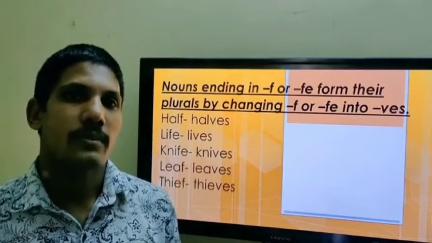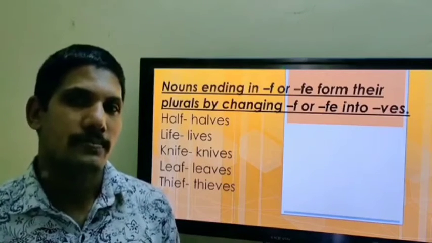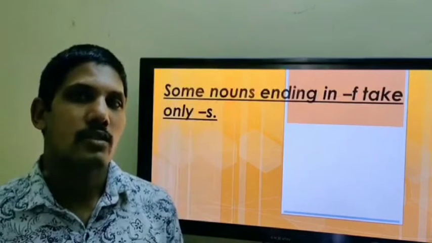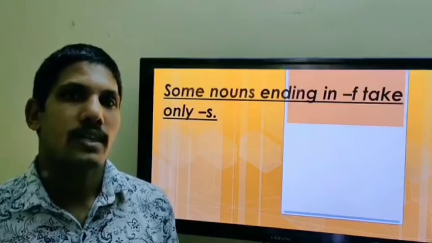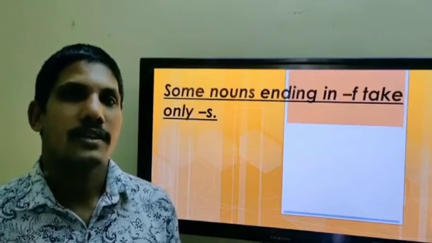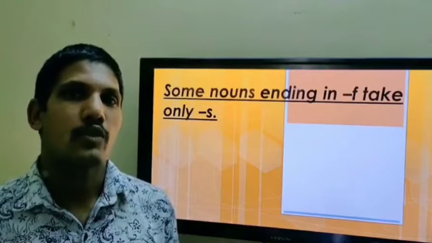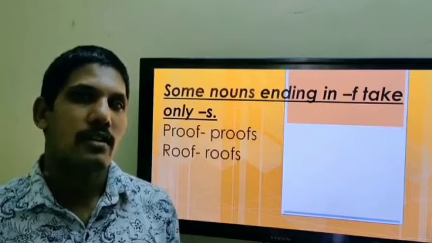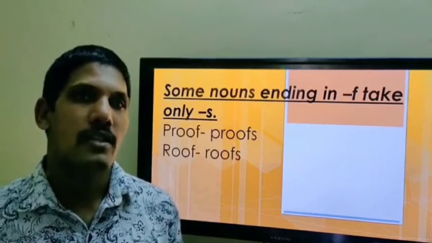And thief becomes thieves. But again, there are some singular words that do end with f, take s, like proof and roof. The plural forms are proofs and roofs.